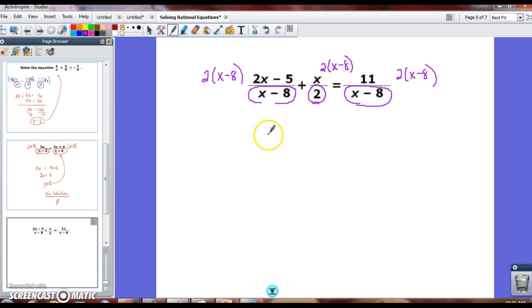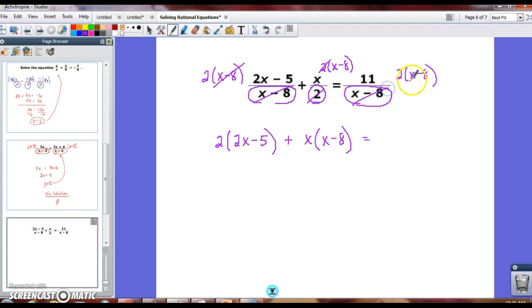Again, here I'm going to start canceling. I have an x minus 8 in the numerator and in the denominator, so those will cancel. I'm left with 2 times 2x minus 5. In the second term, I have a 2 in the numerator and a 2 in the denominator, so I'm left with x times x minus 8.